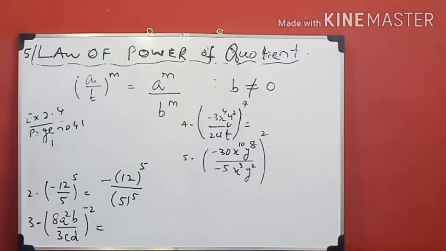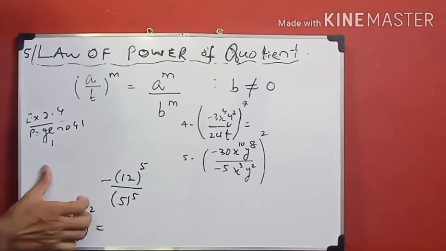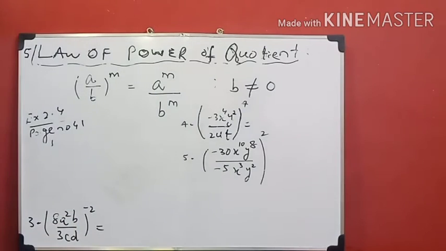Now come to question number 3. The question number 3 is very different for us. In this question, in the numerator 8a square b and in the denominator 3cd.